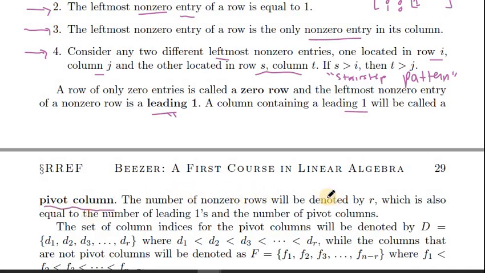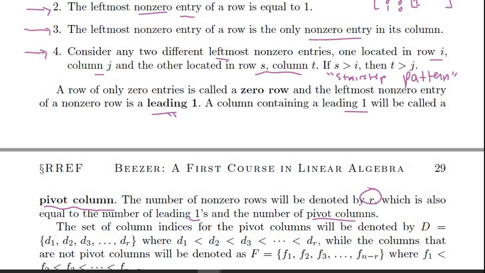The number of non-zero rows will be denoted by r, which is also equal to the number of leading 1s and the number of pivot columns. Why is that? Because each non-zero row has a pivot, a leading 1, and each leading 1 produces a pivot column. A pivot column, remember, is a column that has only one entry that's 1, and all other entries are 0.